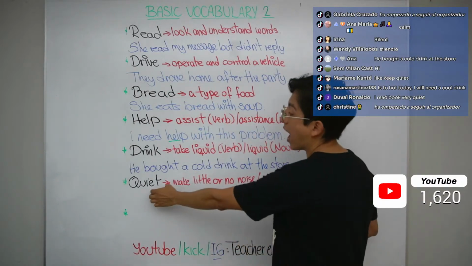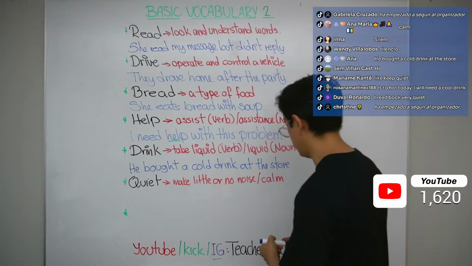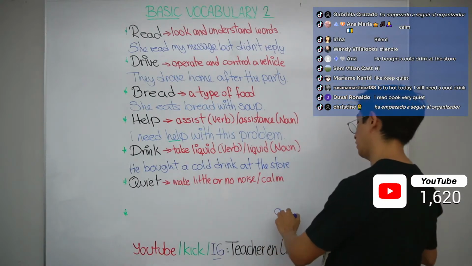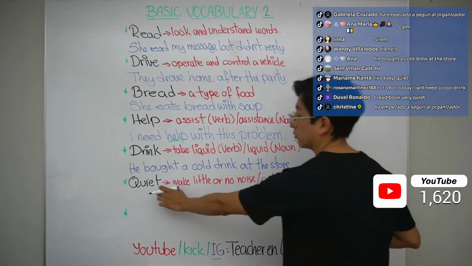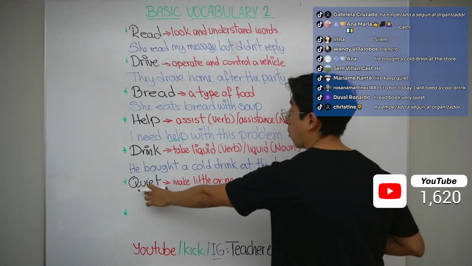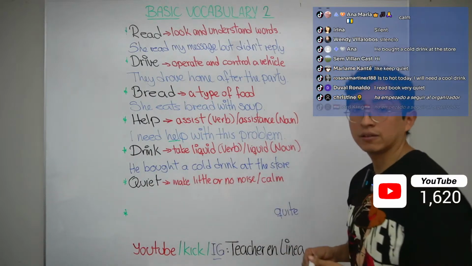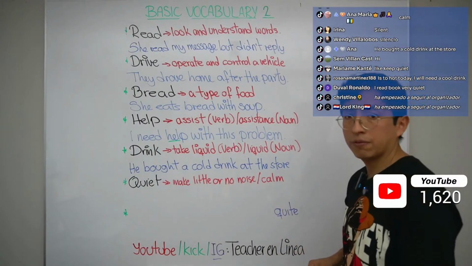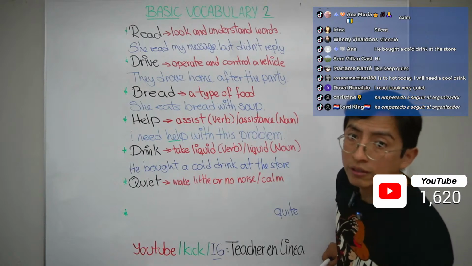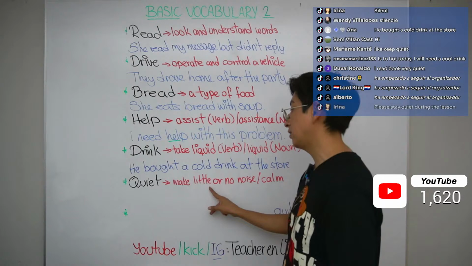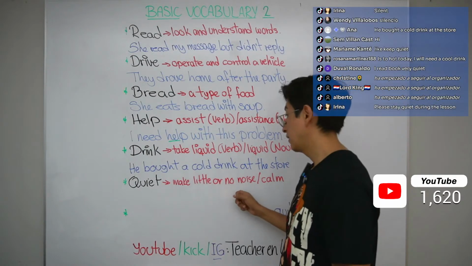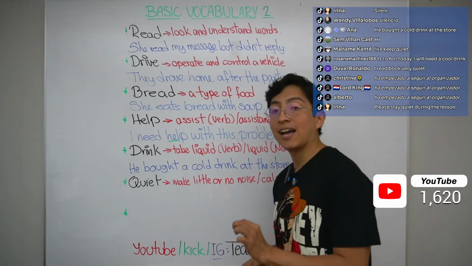Okay, quiet. Don't confuse this with this other word. Quiet. This is quiet. This is quiet. Okay, they are totally different. Now, as I mentioned, make little noise or do something in silence.